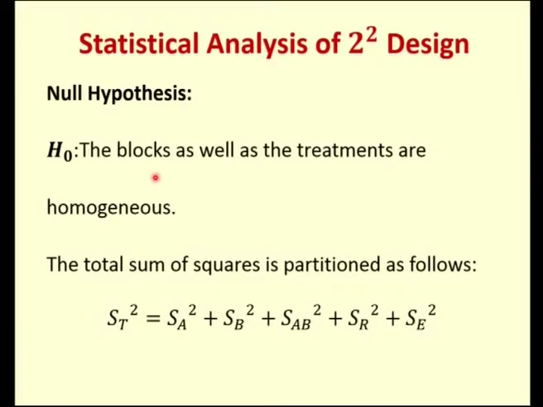And to carry out the statistical analysis, we have the null hypothesis that the blocks as well as the treatments are homogeneous. As usual, the total sum of squares is partitioned into the sum of squares due to factor A, factor B and interaction effect, and replicates, as well as the error sum of squares.